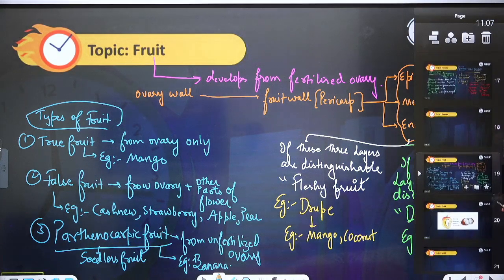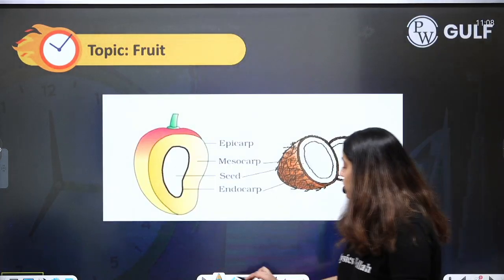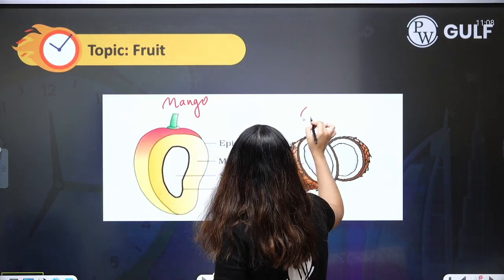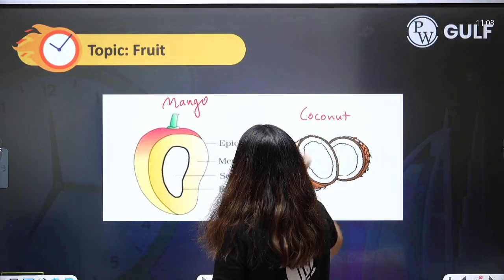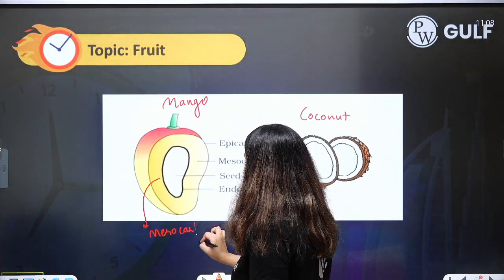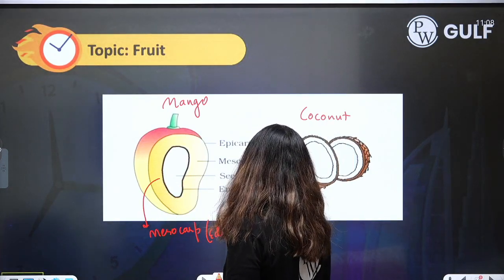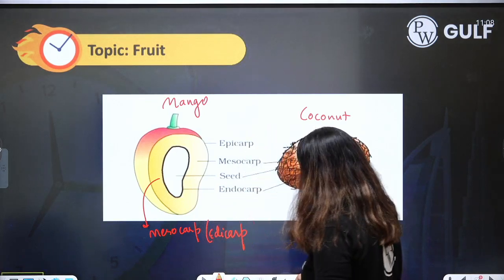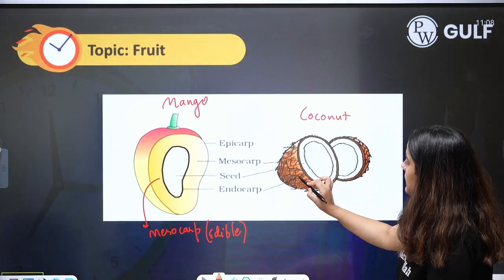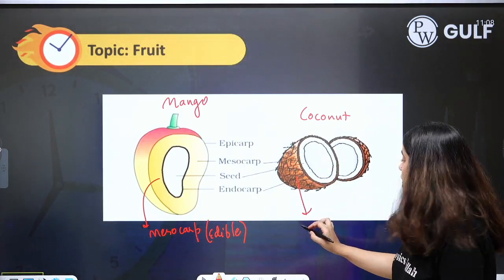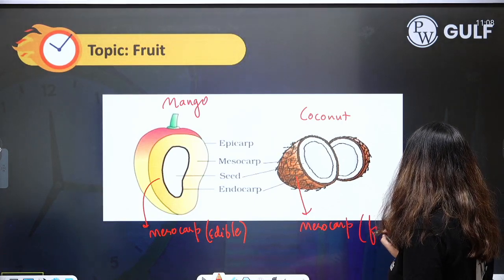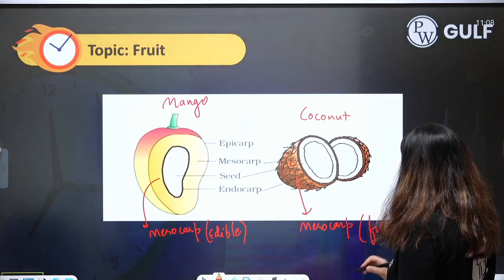So I'm going to show you two fruits here: mango and coconut. Both are drupe, right? Here the mesocarp is the edible part. This is the part that you eat. And in coconut, the thread-like structure you see is the mesocarp. It is not edible, right?